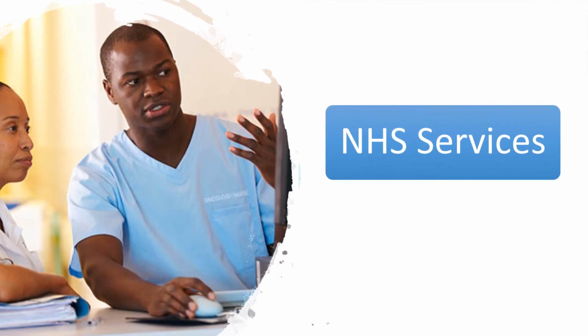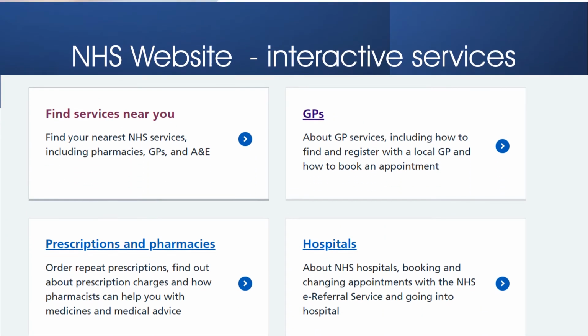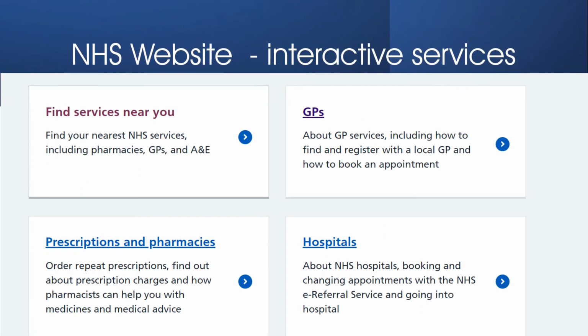The final section of the NHS website that we're going to look at today is the NHS Services. The NHS website has a number of interactive services that you can use. One example is Find Services Near You. This is a great service which allows you to put your postcode into a search box, and you can then find the nearest pharmacy, GP or A&E to where you are.